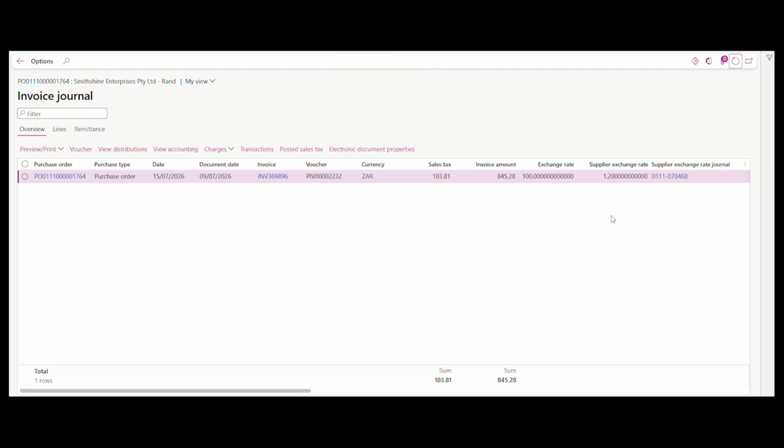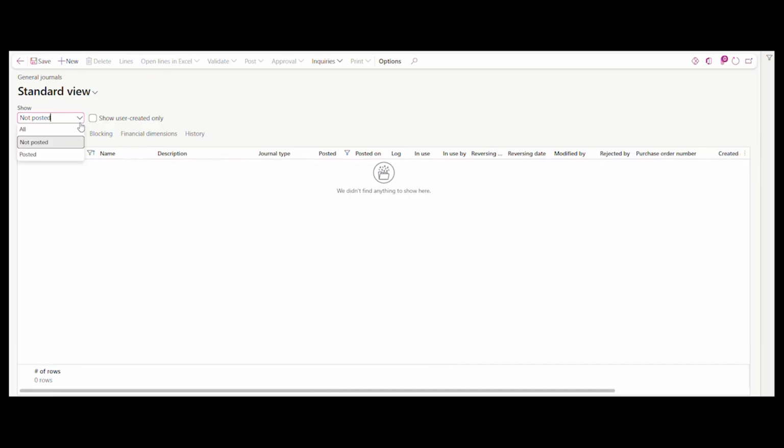This journal will be posted immediately once the voucher has been updated in the system. This is the journal which has been posted automatically, and from the PO itself we can see the entry which has been posted, an automatic posting.